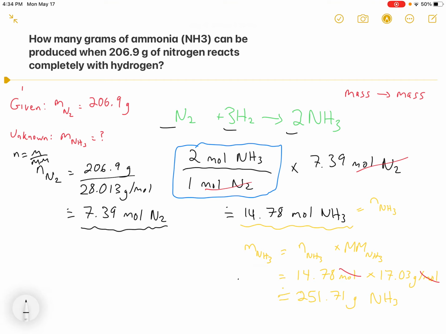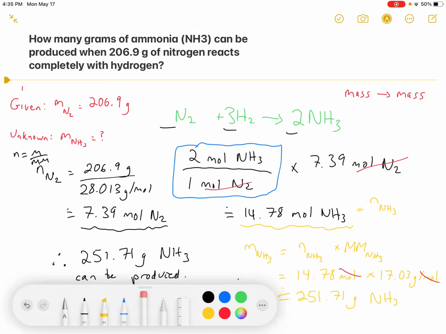Then we can put a therefore statement to close it, to provide some sense of closure. Therefore, 251.71 grams of ammonia can be produced.